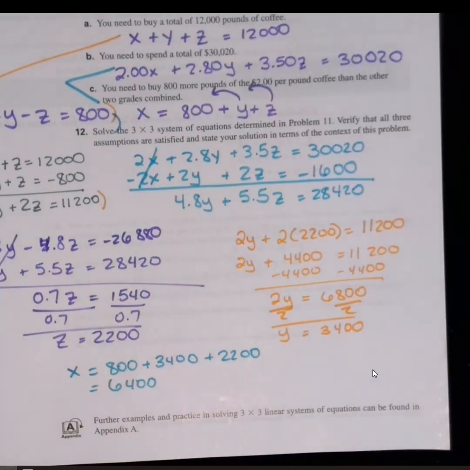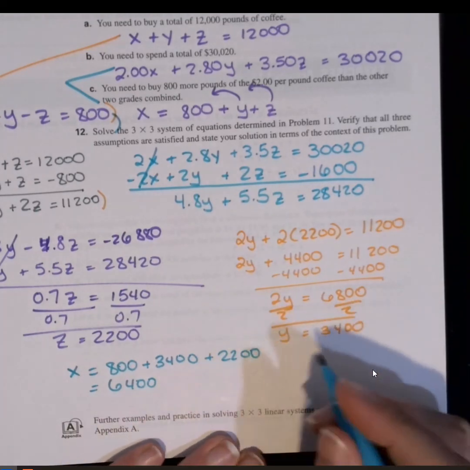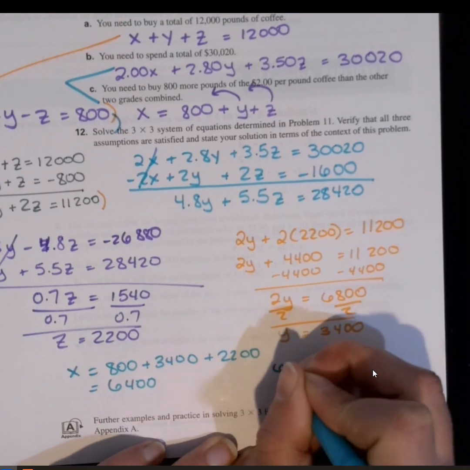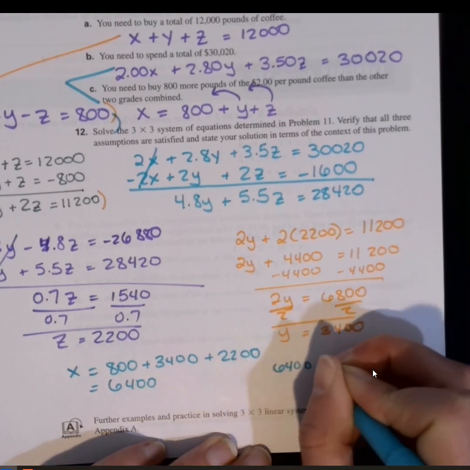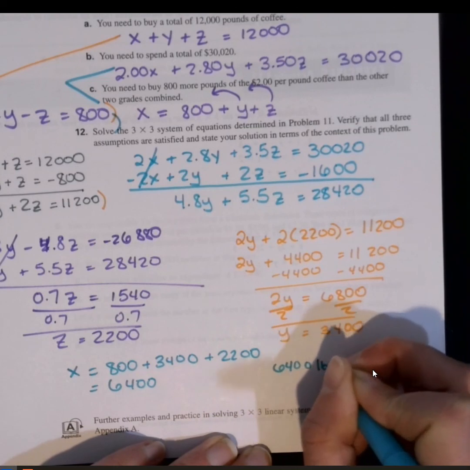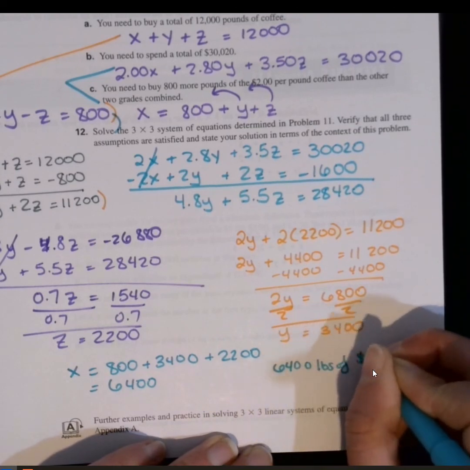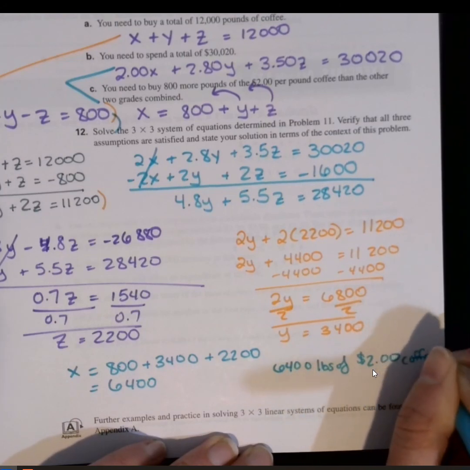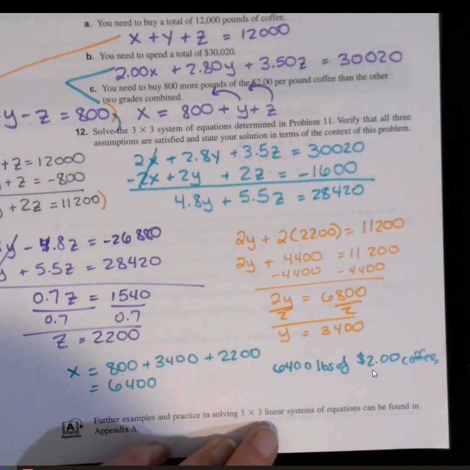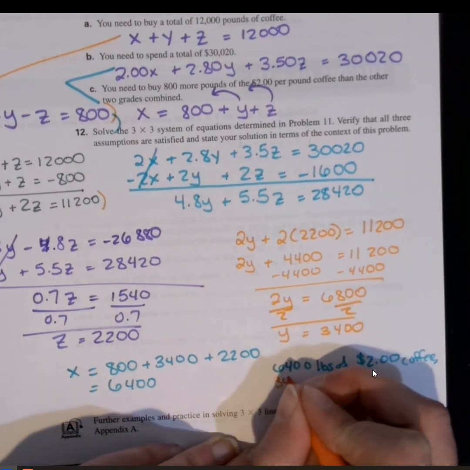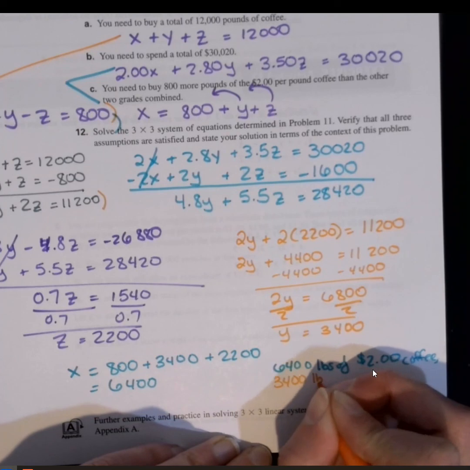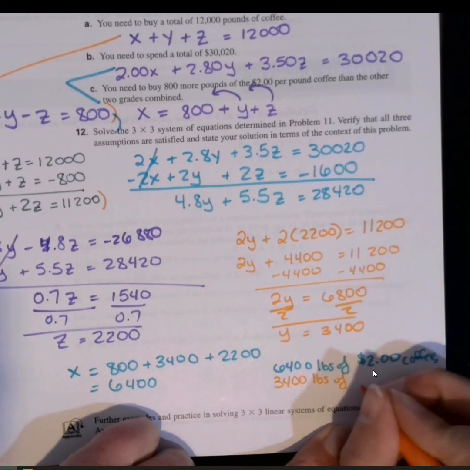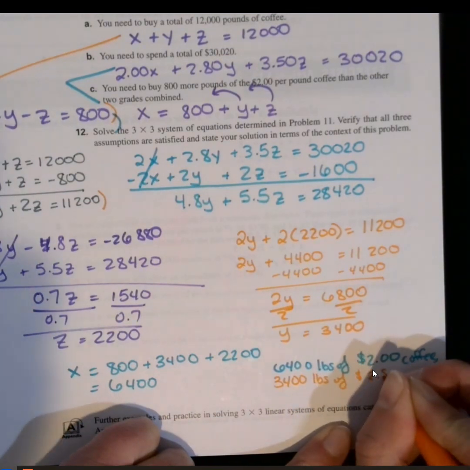Our conclusion is that we need 6,400 pounds of $2 coffee. We also need 3,400 pounds of y, our $2.80 coffee.